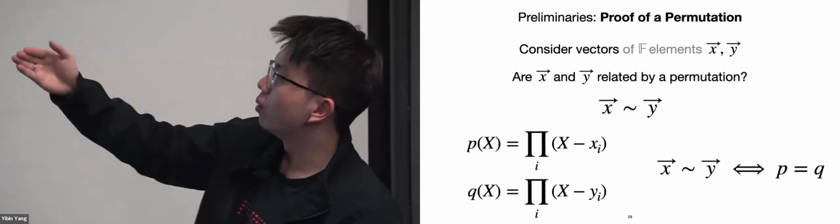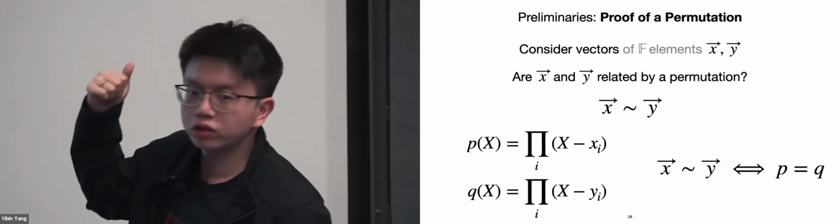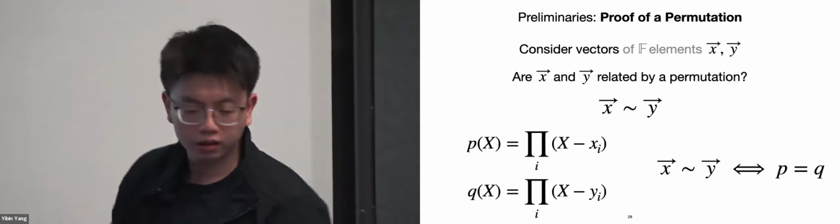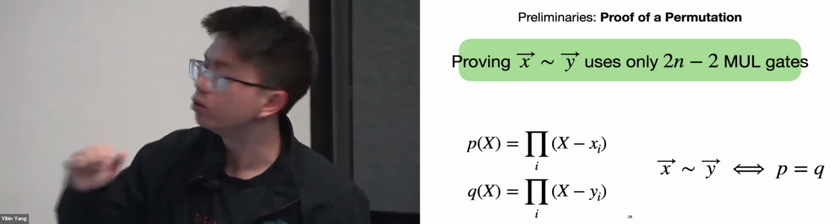So you prove these 2 vectors are permutations of each other by using a random challenge, evaluating these 2 polynomials, and showing they evaluate to the same value. That's it. Very simple. The crucial point here is that to prove the 2 vectors are permutations of each other, I only need 2n minus 2 multiplications to calculate these products.